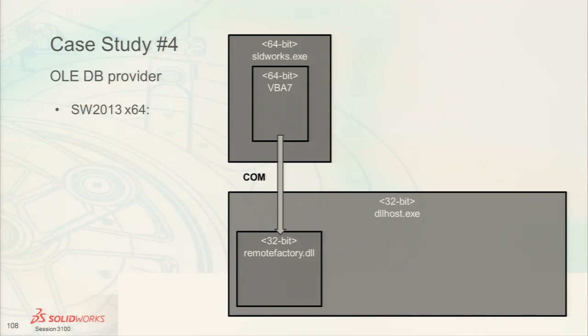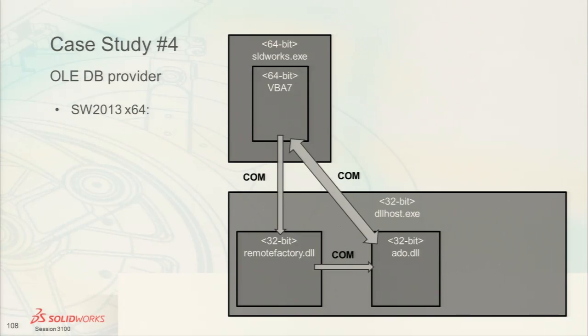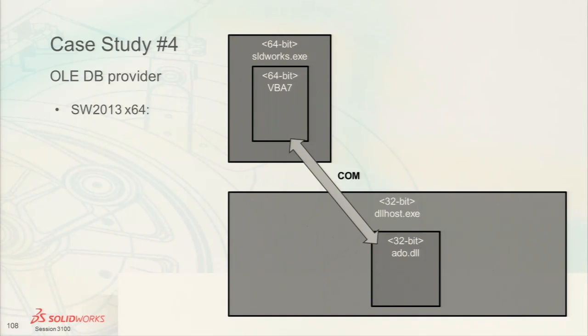COM then fires up the DLL host for me, loads the DLL, and then from there on I'm just creating the connection object. I use that factory to create the connection for me, and then that's being passed back to my macro, and technically the factory can step out of the loop. It's no longer needed. It has done its job. From there on, it's as before. And then, from there on, it will use the 32-bit provider to access the MS Access database.